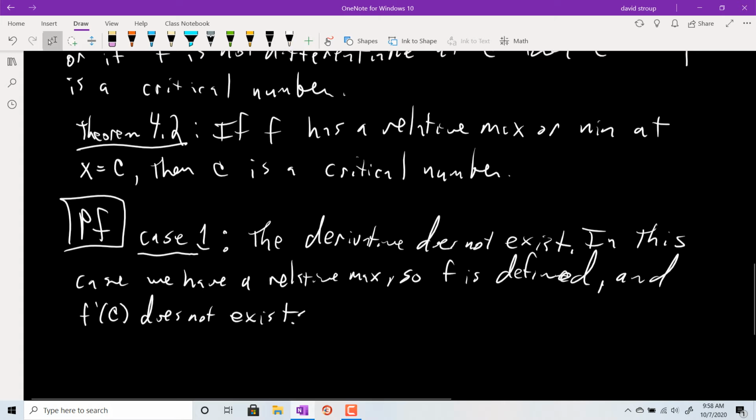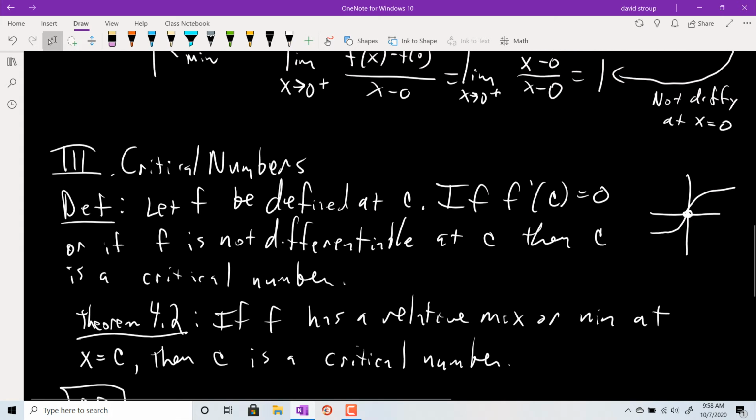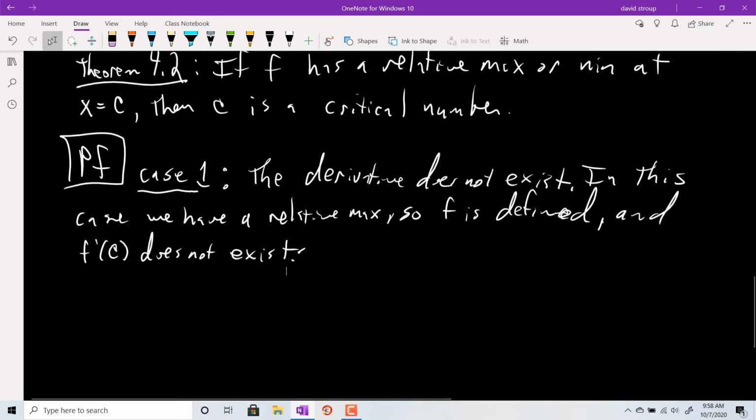If f prime of c does not exist, it's automatically going to be a critical number. That's what the definition says: if f is not differentiable at c, then c is a critical number. So case 1, it's automatic.